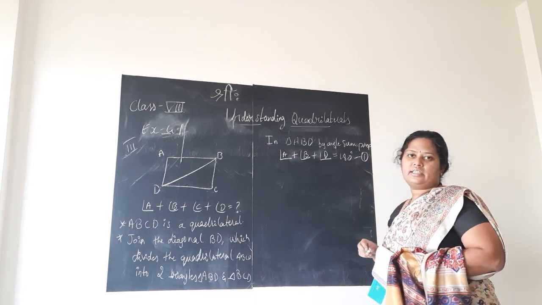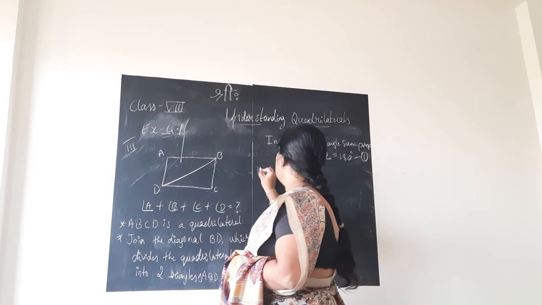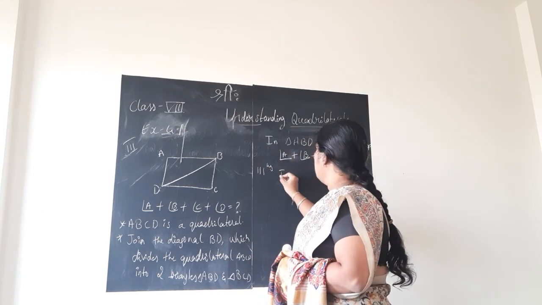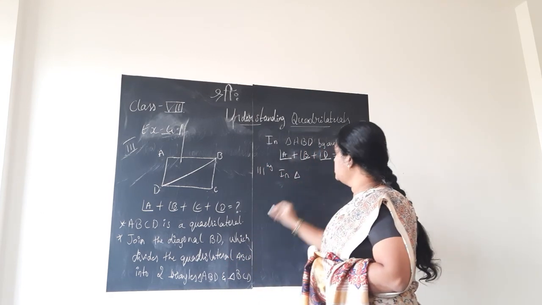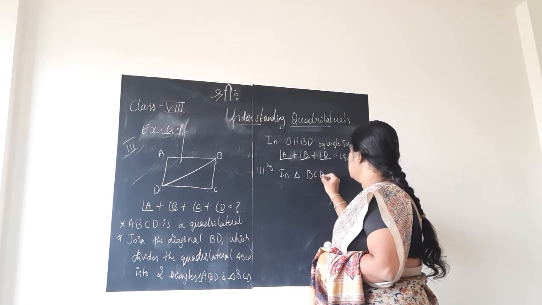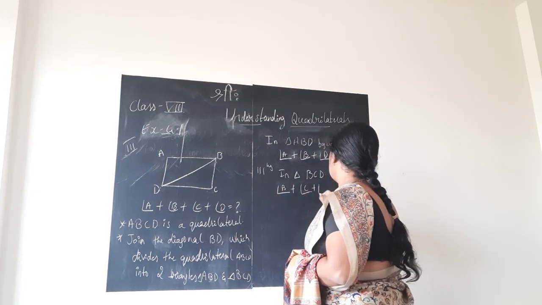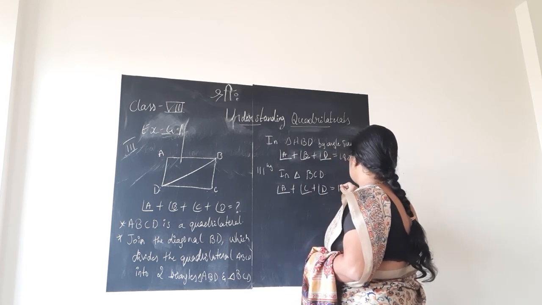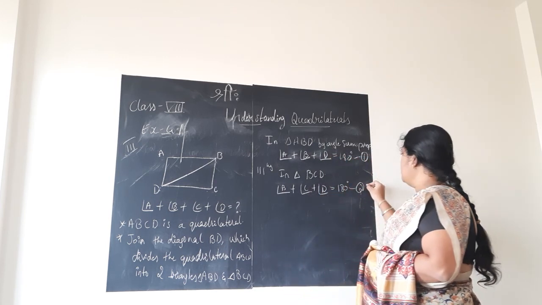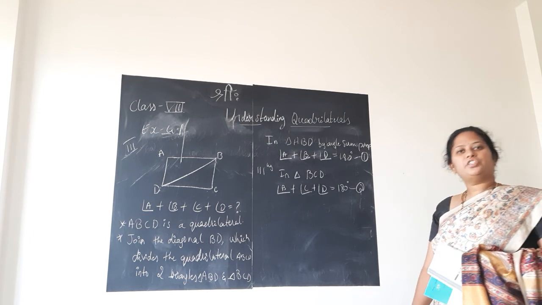I will call it equation 1. Similarly, in the second triangle BCD, the sum of interior angles, that is angle B plus angle C plus angle D, is 180 degree. I will call it equation 2.